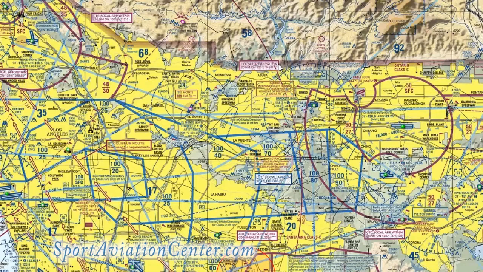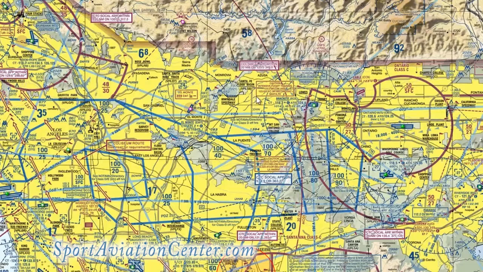So I had a choice of coming in over here, staying below 7,000, below our Class Bravo airspace here, coming in underneath our Class Charlie airspace here, below 2,700.